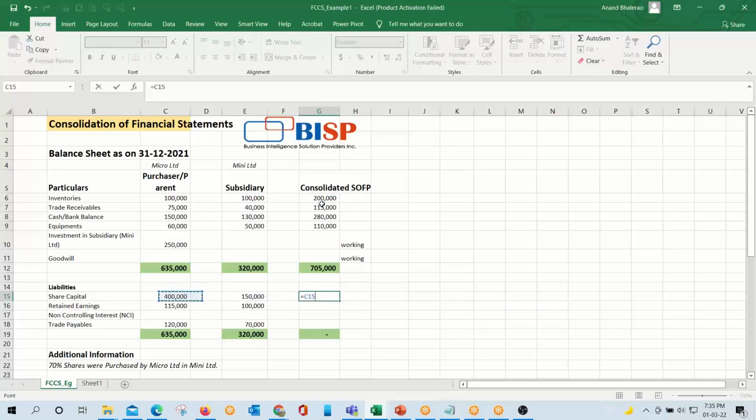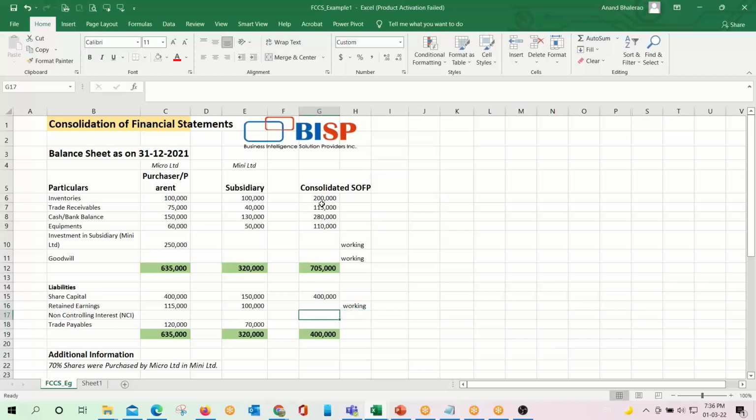And for share capital, we will consider only the share capital of the purchaser, because we own more than 50% stake in Mini Limited. For retained earnings, we will be doing the working, and for non-controlling interest we will also do a working. For trade payable, that is the current liabilities, we will simply add it.